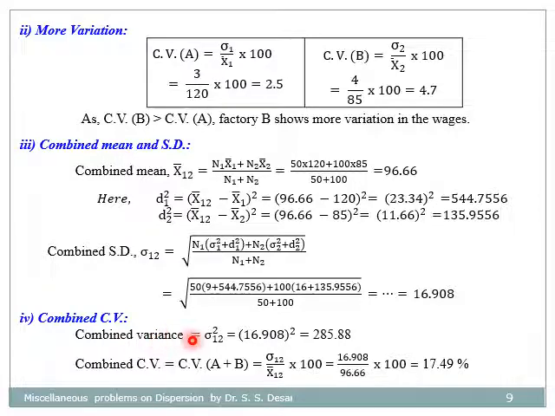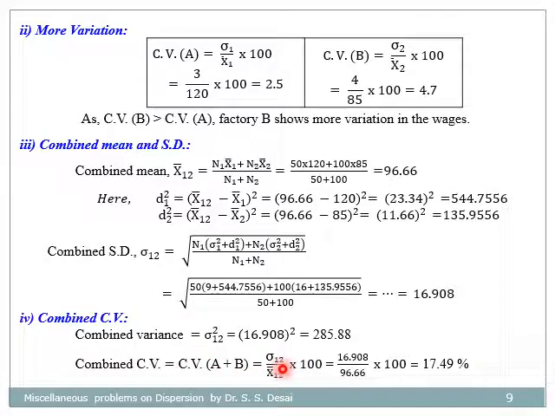Now combined variance is equal to the square of combined standard deviation, that is square of 16.908. So it comes out to be 285.88. And for combined CV, we need combined mean and combined standard deviation.